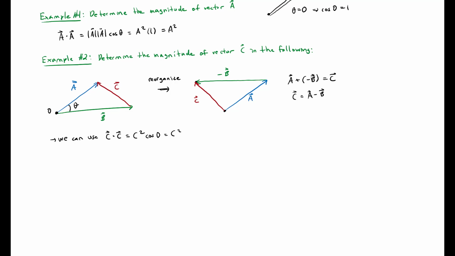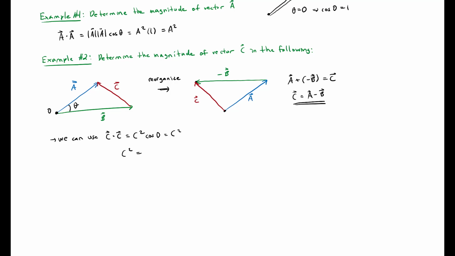But there's something else that we also know. We know that C is equal to A minus B. So we have C squared being equal to A minus B.